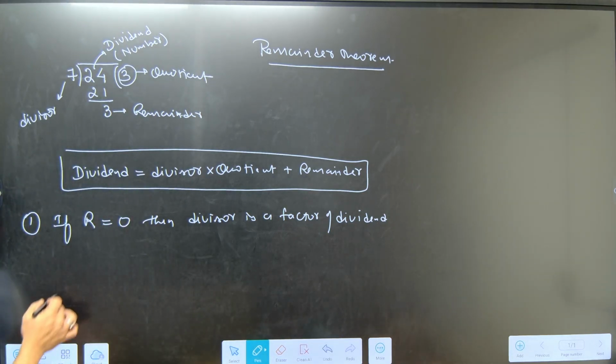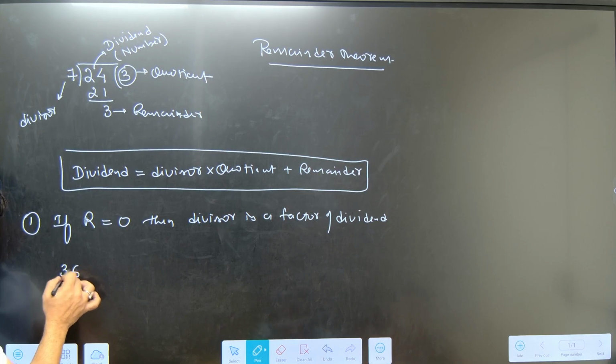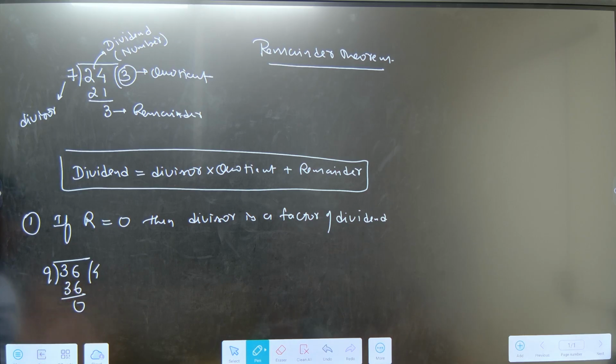Example, if you have 36 divided by 9, so 9 fours are 36 and remainder is 0. Now when remainder is 0, this 36 and this 9 have some relation. That this number will be a factor of this. So somewhere in the factors of 36 you will find 9.